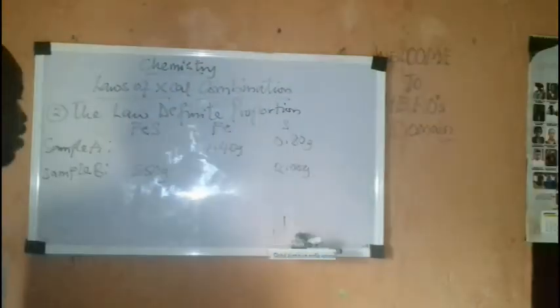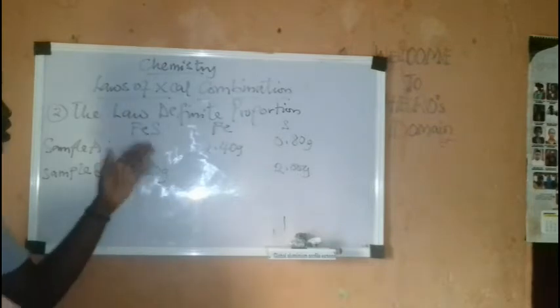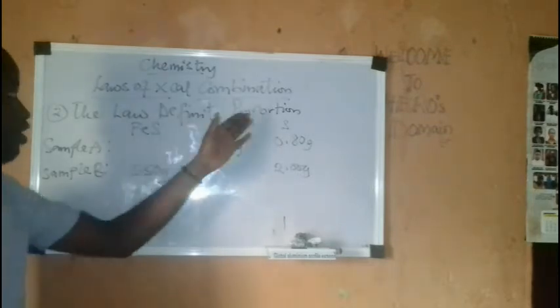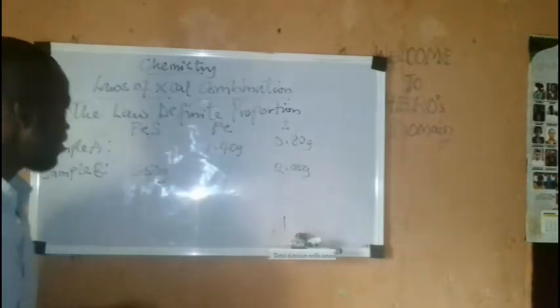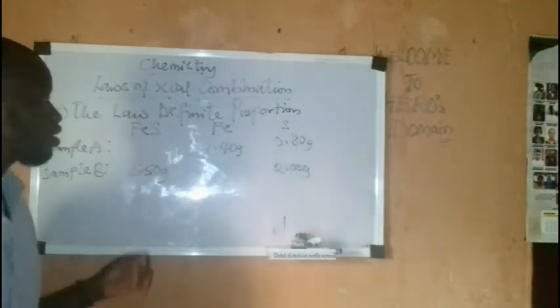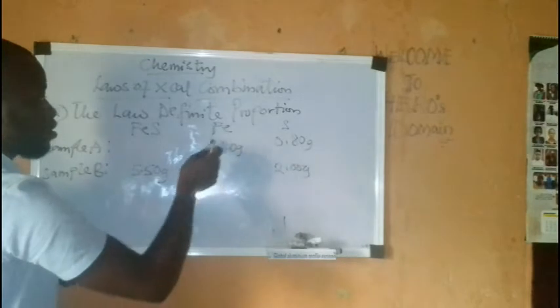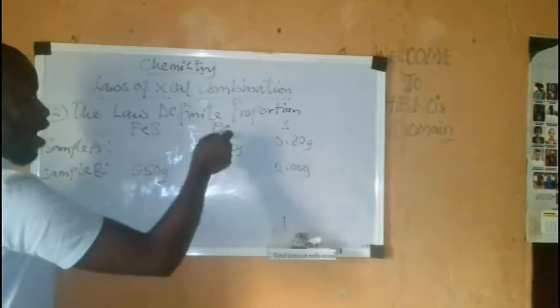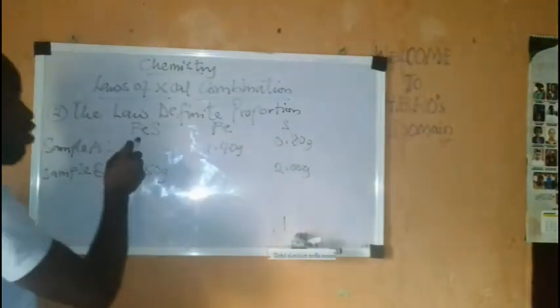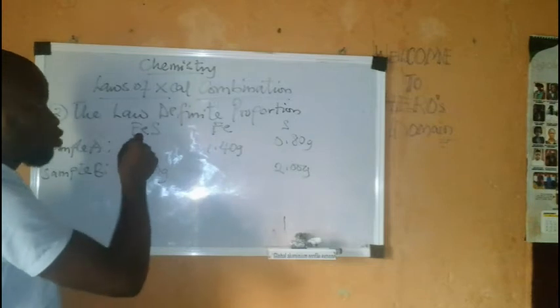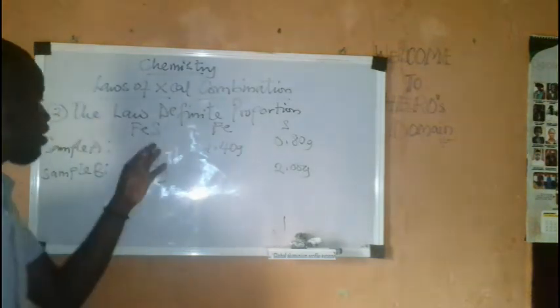Under chemical here, we are asked to prove that this obeys the law of definite proportion. From the question, 0.8 gram of sulfur combines with 1.40 gram of iron in sample A to form iron(II) sulfide.